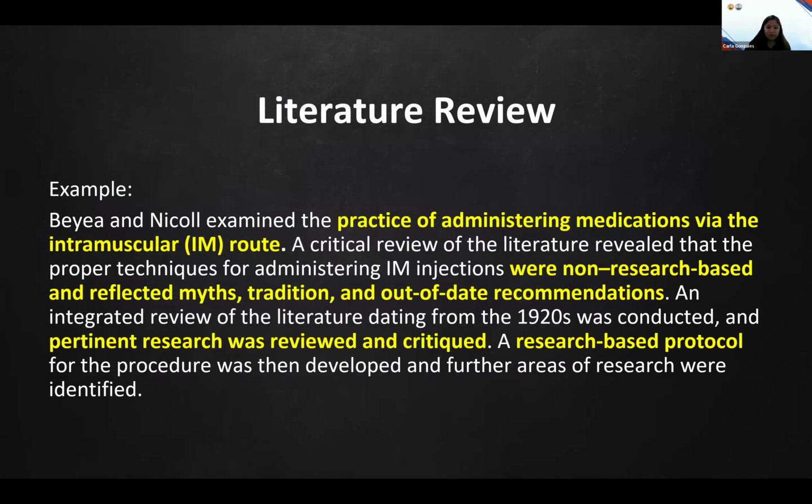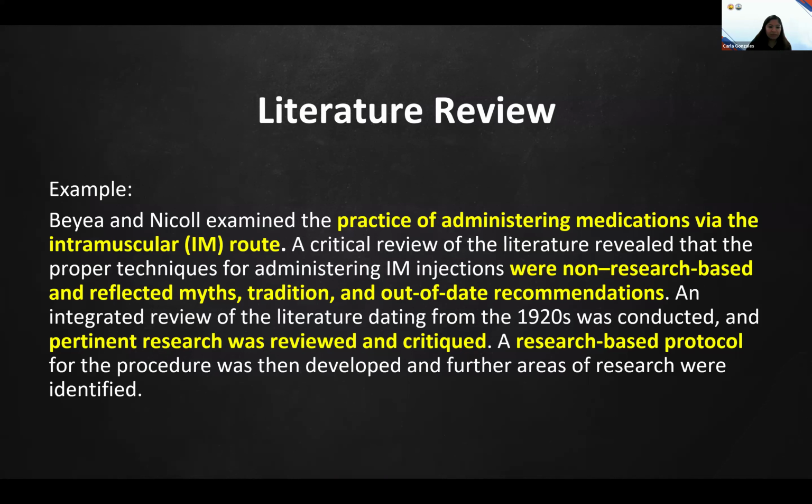Maybe you are wondering about nursing procedures like injection administration, wound care, and patient positioning. Those are standard practices if you check your Taylor textbook. But have you ever asked how this protocol was developed? How did they come up with those step-by-step procedures?